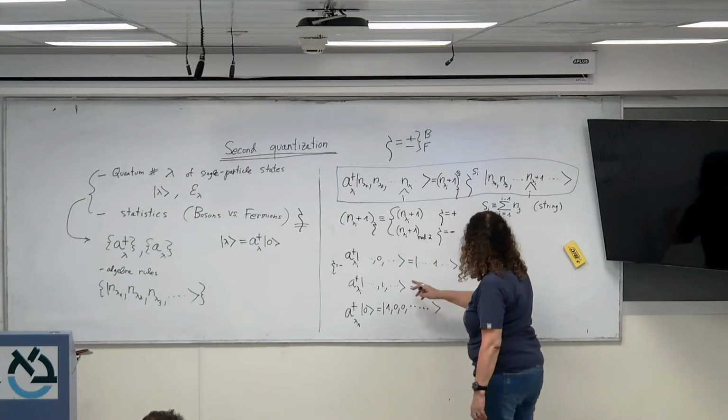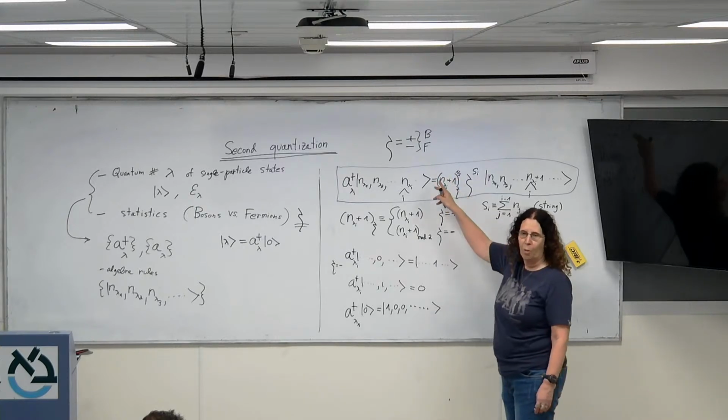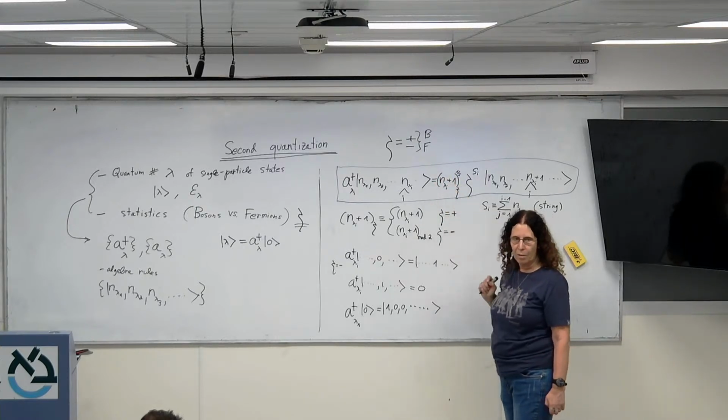So you can easily convince yourself, and of course we always have to keep track of these normalization factors when we do that, right?